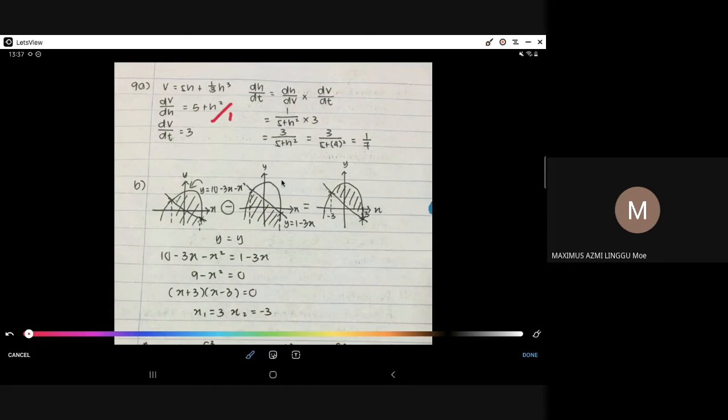So dh over dt equals dh over dv times dv over dt. Dh over dv is just flipping dv over dh. So 1 over 5 plus h squared times 3 equals 3 over 5 plus h squared. And then sub in h equals 4. So 3 over 5 plus 4 squared equals 1 over 7.